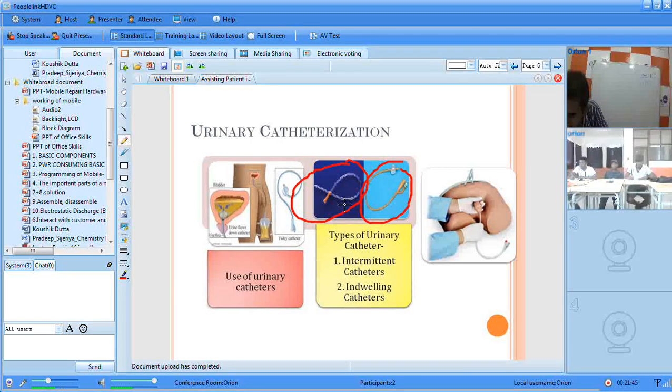So for such patients you need to use the catheterization, which helps the patient. In the diagrams, as you can see how it is being used, the catheter can be inserted in the area where the urine comes out, and a bag is attached to that catheter in which the urine is stored.